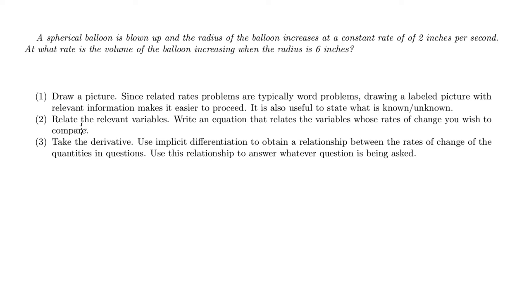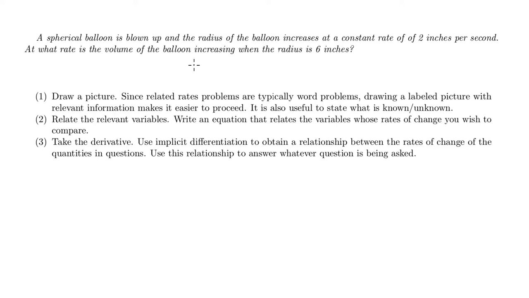The second step is to key on the two quantities that you're trying to relate, or more specifically, the two quantities whose rates of change with time you're trying to relate. So this normally just involves writing down an equation that relates the variables. In this example, it looks like we have volume and radius. So can I write down what the volume of a sphere is in terms of the radius?